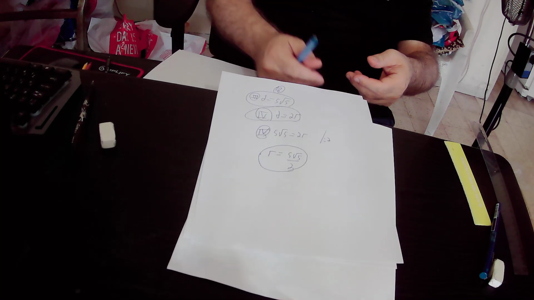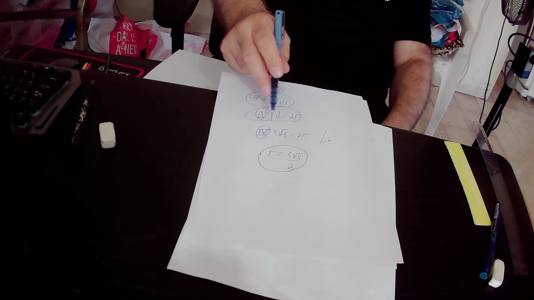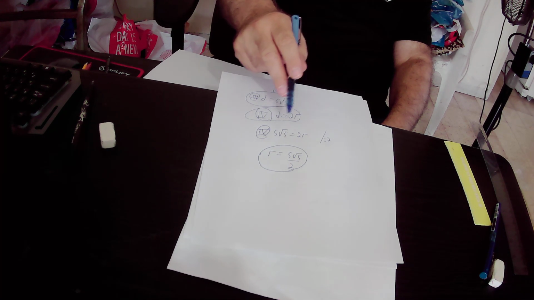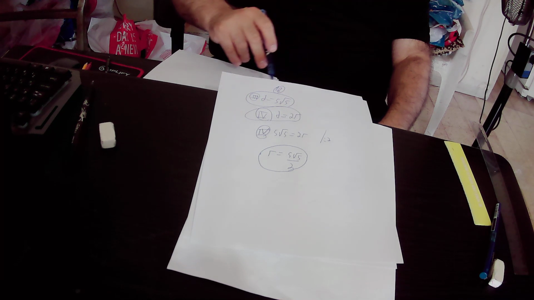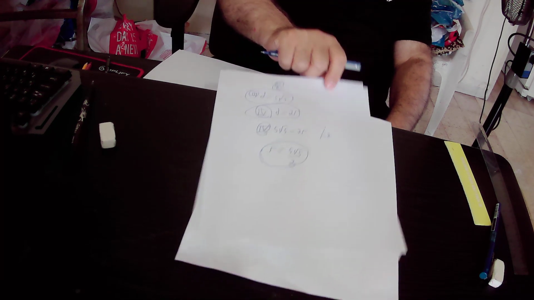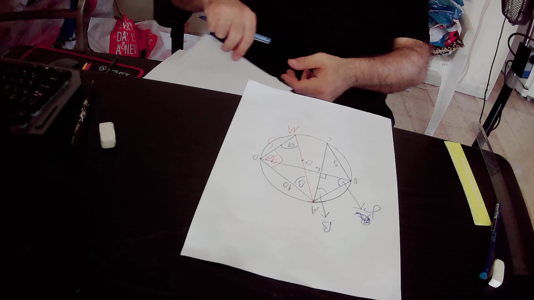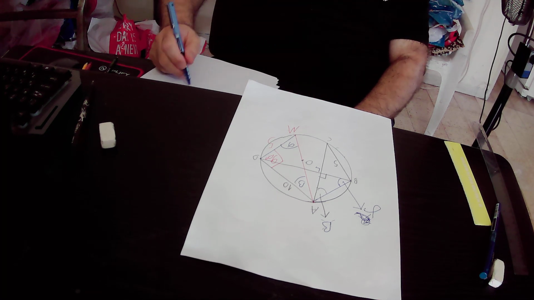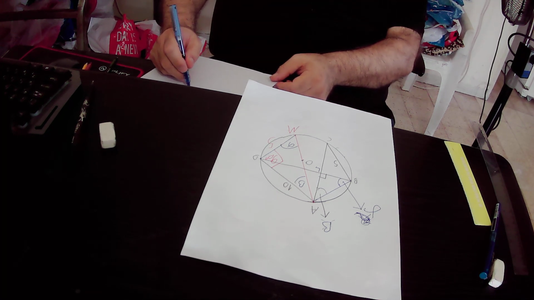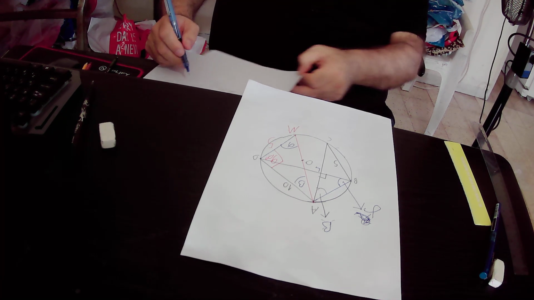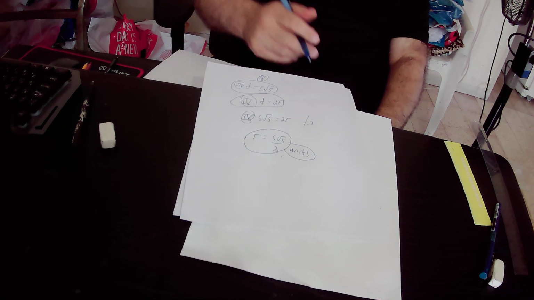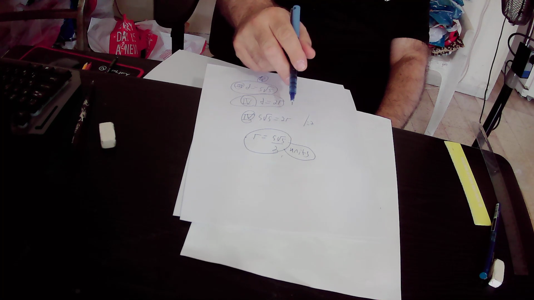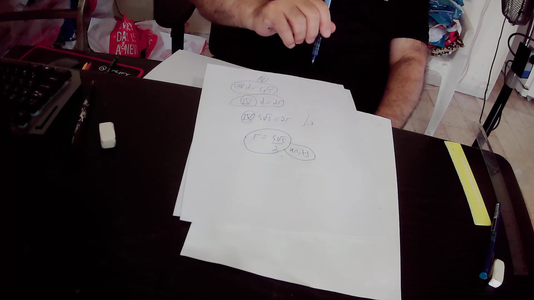So we divided equation number 4 by 2, we got that the radius of this circle equals 5 times root 5 over 2 units.